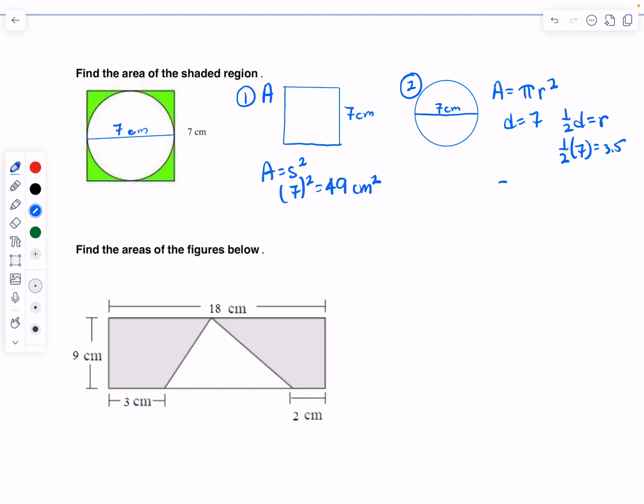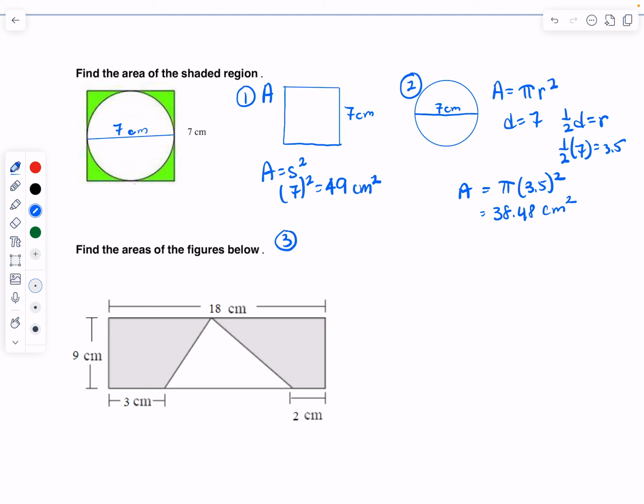Okay, so I'm going to do pi times 3.5 squared. So let's see what that equals when you plug it in the calculator. When you do that, I got 38.48. And when I did that in the calculator, I took 3.5 and I squared it first and then multiplied it by pi. Okay, again, we're in centimeters squared.